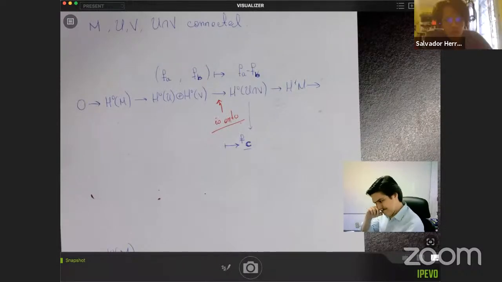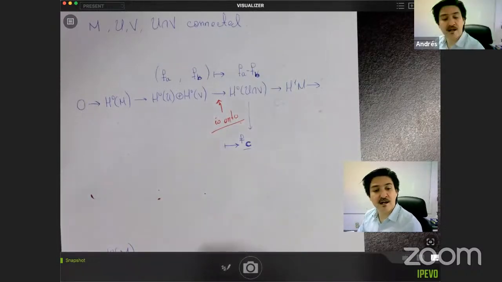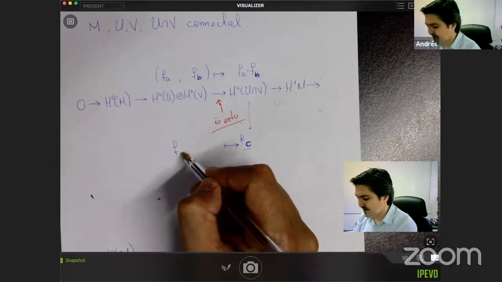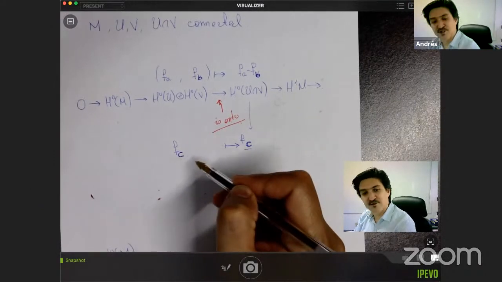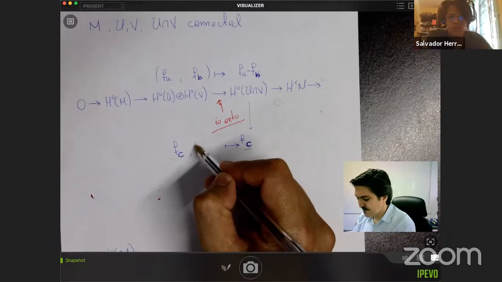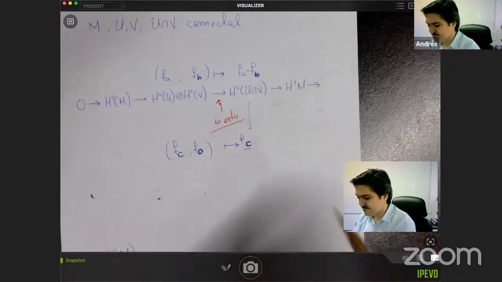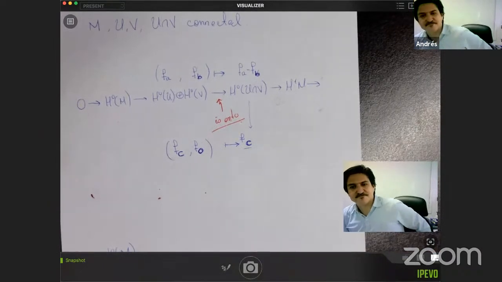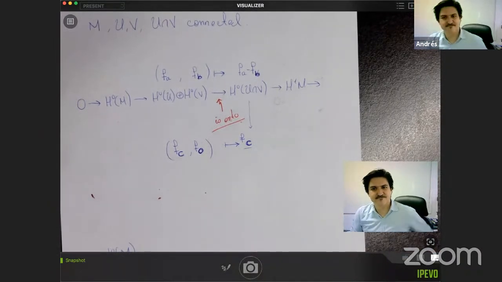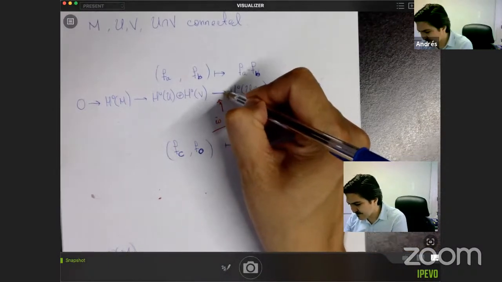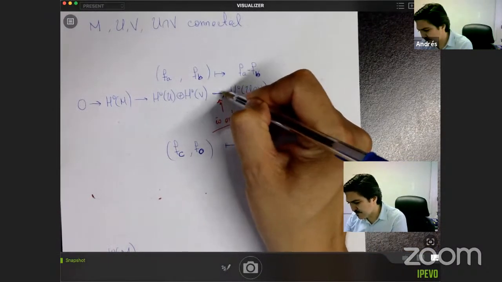We can just guarantee the zero, right? So you can take the constant function C on U and the constant function 0. Right? So this function is onto.